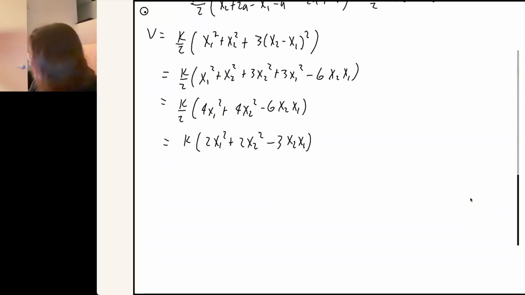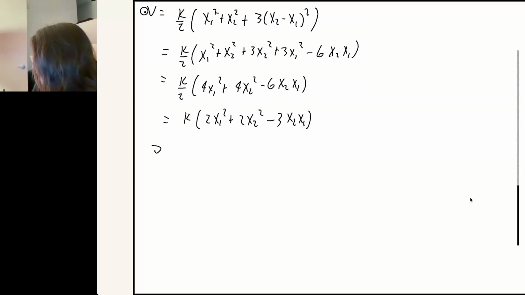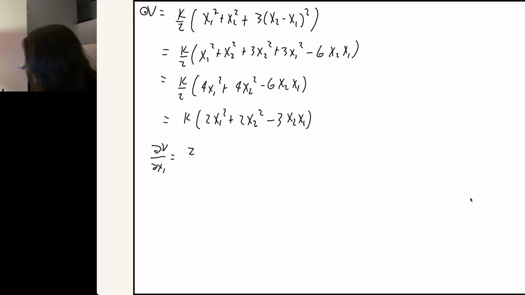Cool. So let's start taking partial derivatives. The partial of V with respect to x1 will end up being 4k x1 minus 3k x2. And then if we take the second derivative of that with respect to x1, we'll just have 4k.